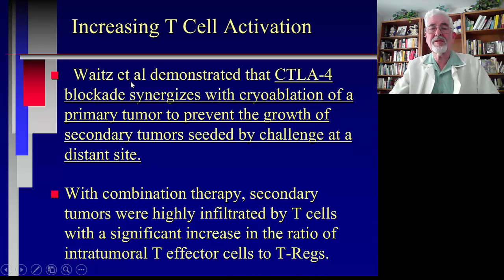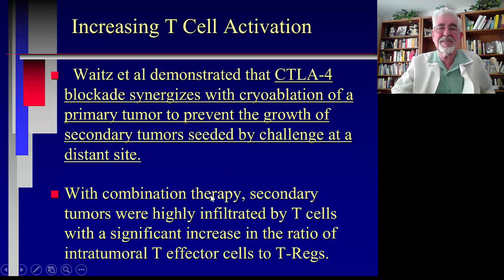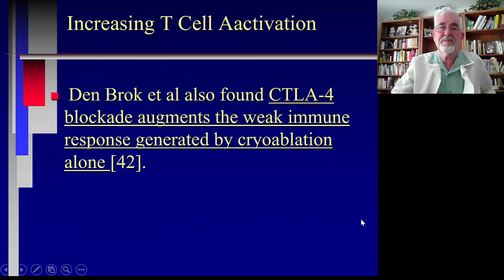So what Waitz demonstrated is that by giving the anti-CTLA-4 with the local tumor treatment, the secondary tumor was better controlled because there was a positive effect on the T effectors. Those are the T cells that kill the cancer, versus the Tregs that inhibit the activation of T cells.